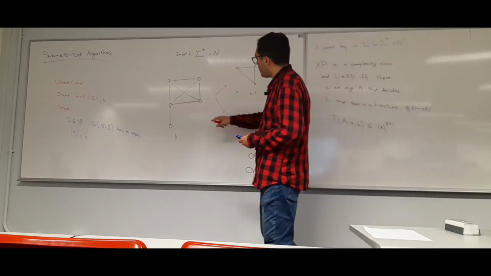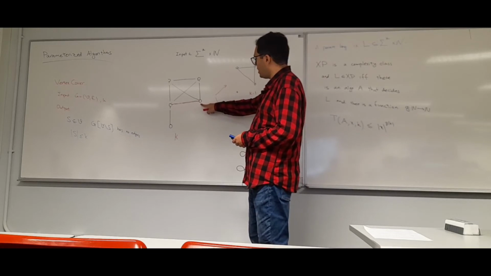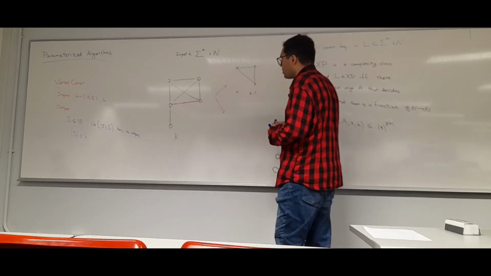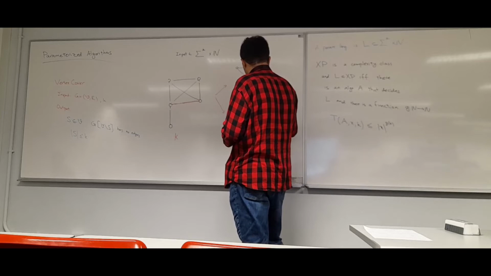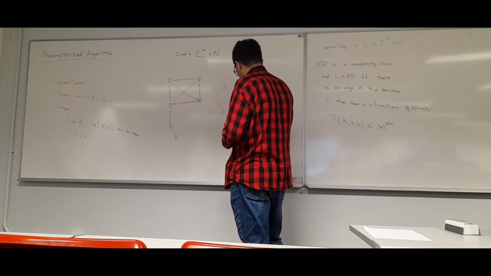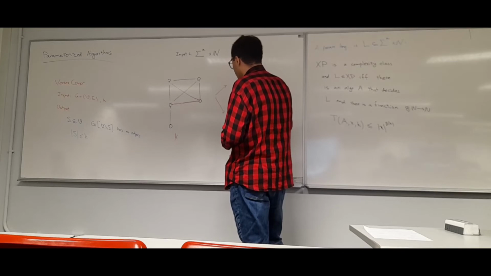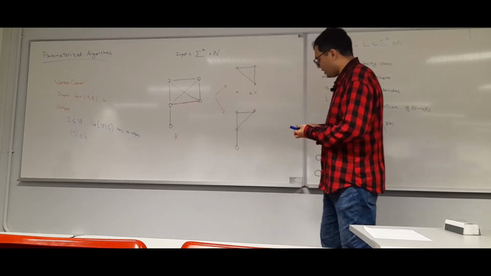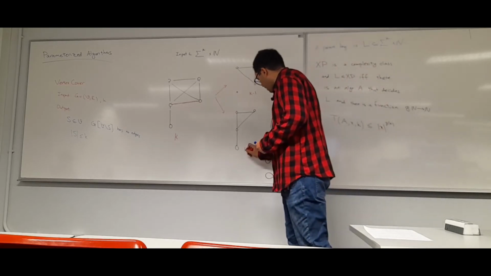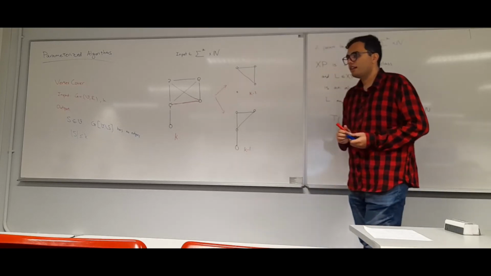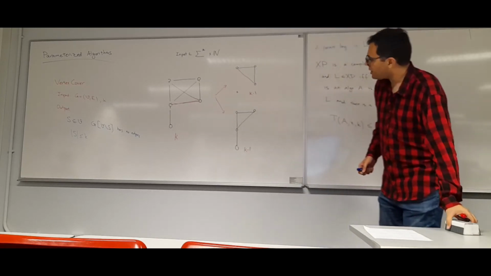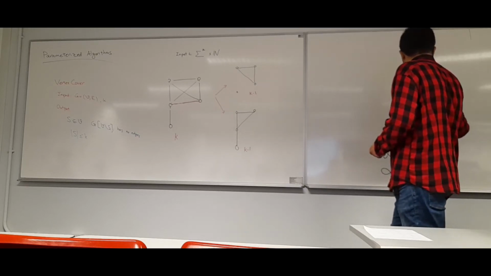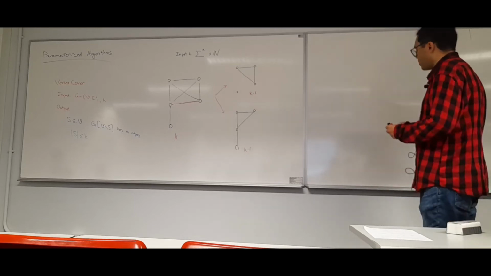Now, on the other hand, if I take this vertex into my vertex cover, then it's a similar situation. It covers these three edges. And then I have to look at the rest of my graph. So my graph would then look something like this. Right? And again, I have to cover this one with k minus 1. Okay? So if I want to write this in a more general way, this is how my recursion works.